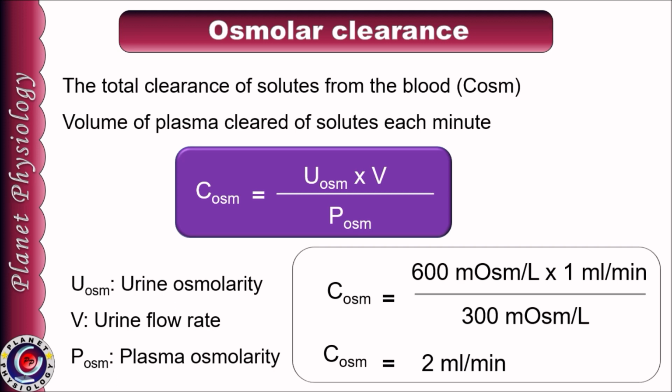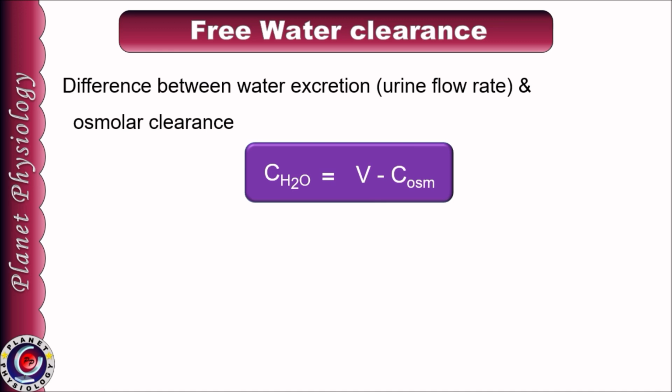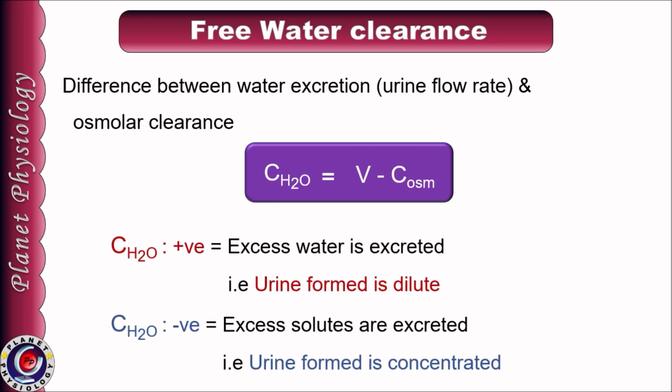So, you can calculate free water clearance as difference between the water excretion, that is urine flow rate, and the osmolar clearance. If the value of free water clearance is positive, it means excess of water is excreted in the urine, or in other words, urine formed is dilute.